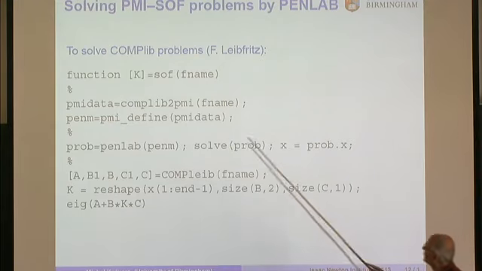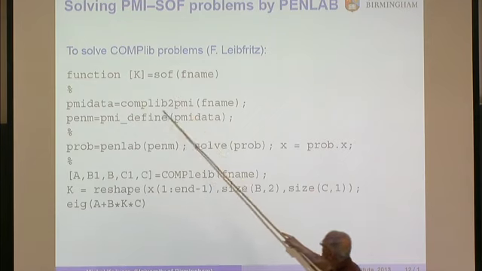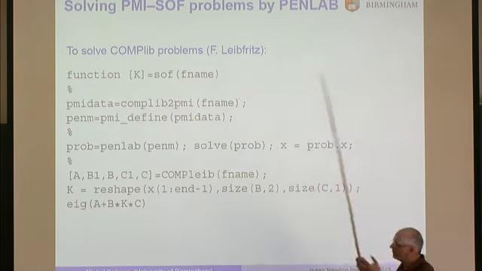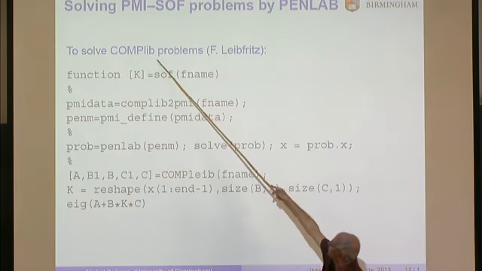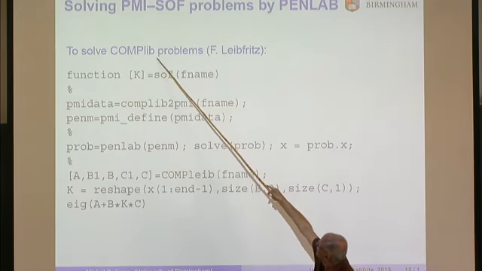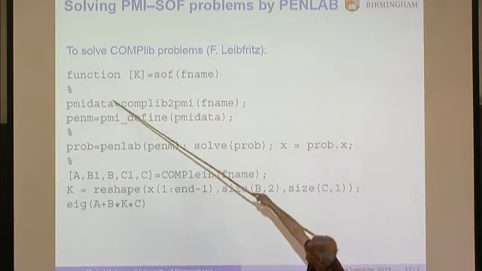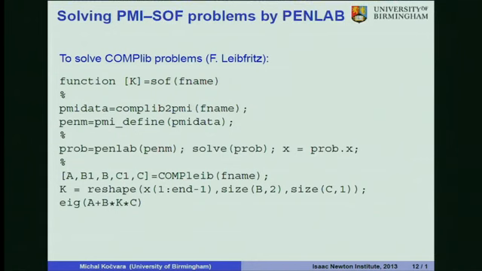So he wrote this code which takes the data directly from COMPleib, I don't know how you want to pronounce it, and translates it into the H matrices for the polynomial matrix inequality.